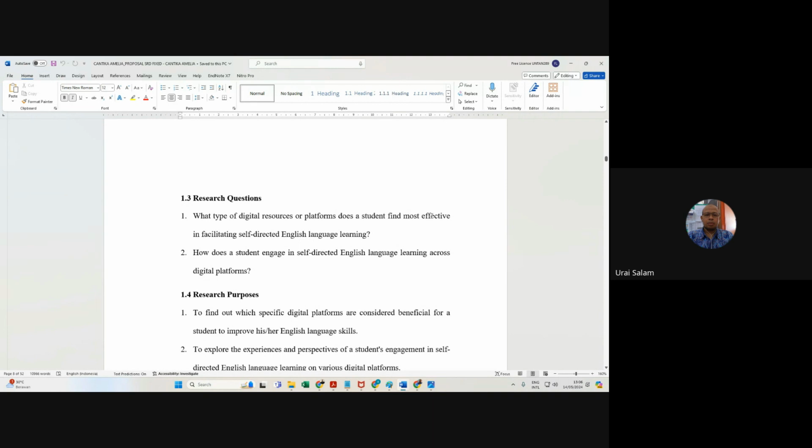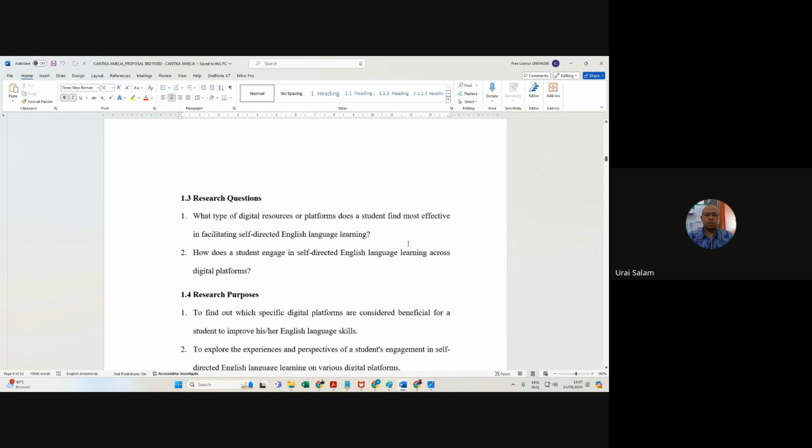Effective usually relates to a statistical calculation. So perhaps what type of digital platform do students find useful in facilitating self-directed English language learning?